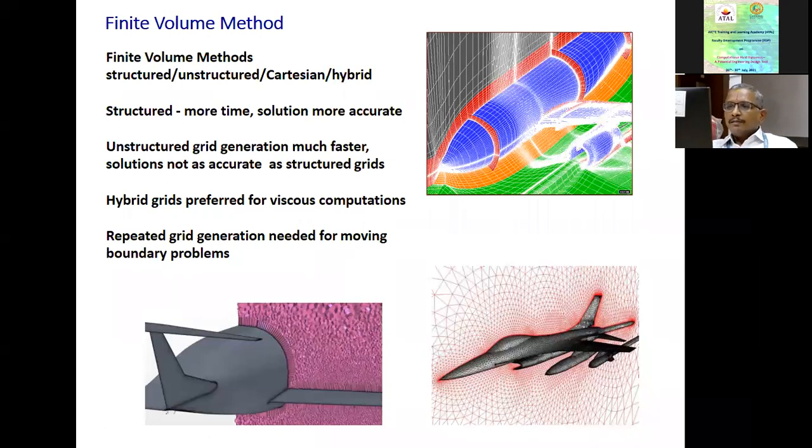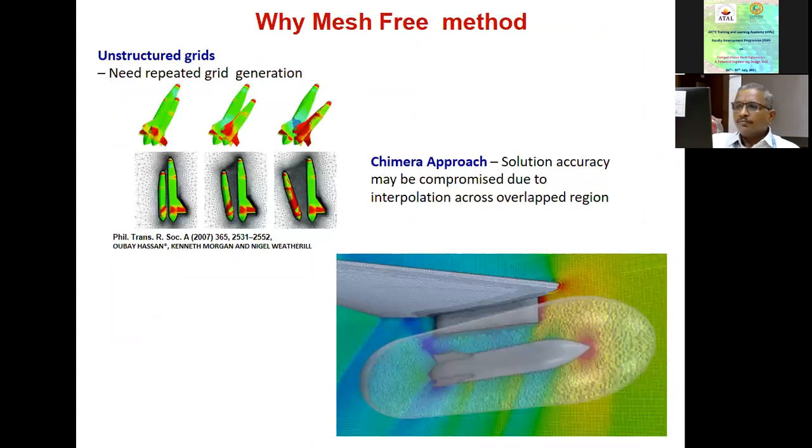So why do we then look for something beyond the structured and unstructured grids? Let me show a few examples. This is, for example, the space shuttle. You see that there are two different parts, one which would separate out and the core vehicle which would then come back.